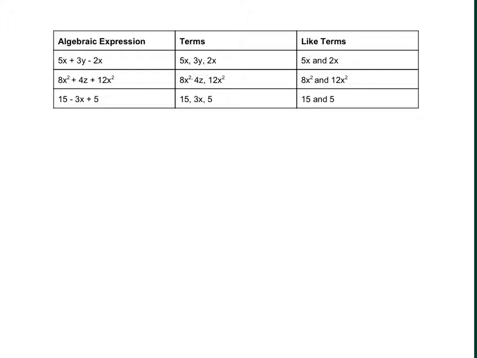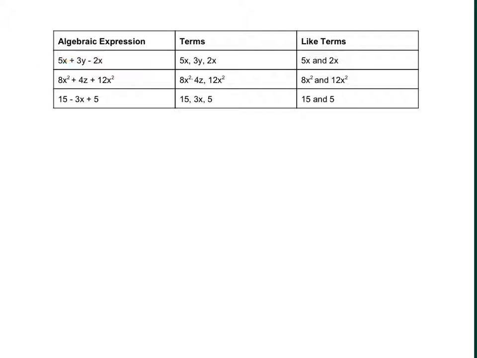But let me explain this chart to you. So we have our algebraic expressions here. We have our algebraic expressions in this column. If our expression is 5x plus 3y minus 2x, okay? Last week we talked about terms. Now, the terms in this expression are 5x, 3y, and 2x.